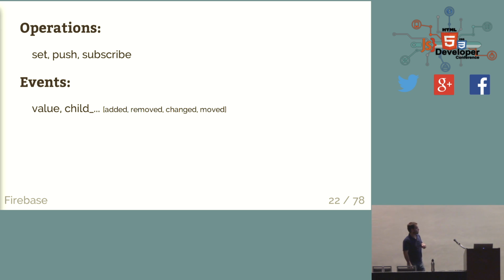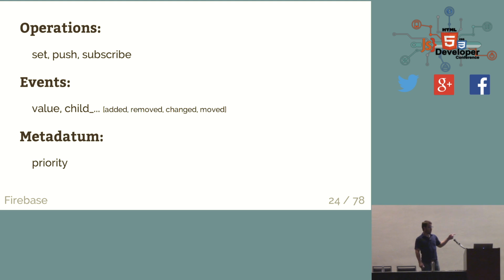There's also one special piece of metadata, singular, called priority. Ostensibly, the purpose of priority has to do with ordering, but it actually does a lot more than just ordering, which we will see.